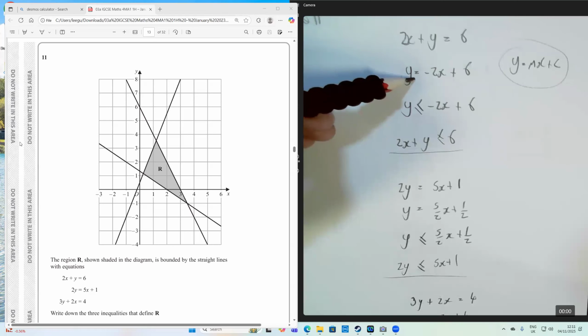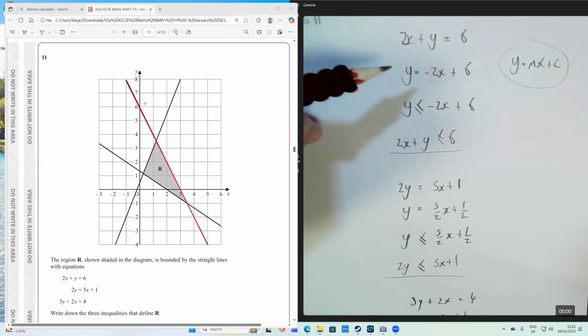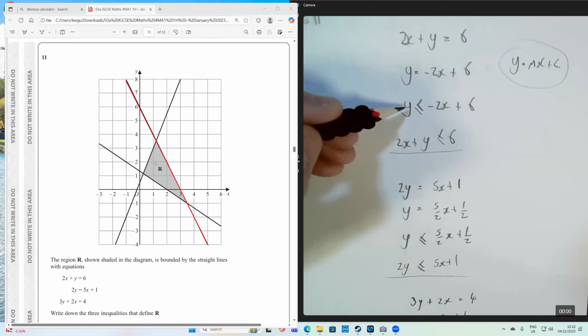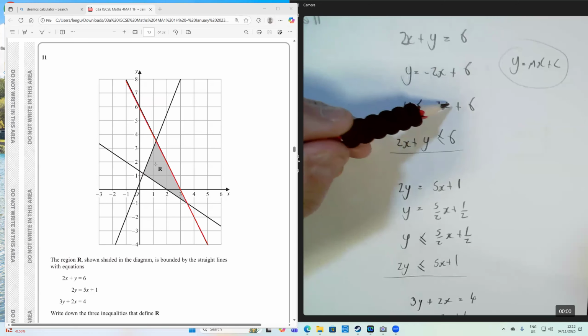So here we go, and you can see that this line here that I'm indicating, that's the line that matches y equals minus 2x add 6, because it goes through 6, and as you can see, it has a gradient of minus 2, because for every 1 it goes across, it goes down 2. And the region R is below that, which means the y values are less than the line. So the region R is where y is less than or equal to minus 2x add 6.